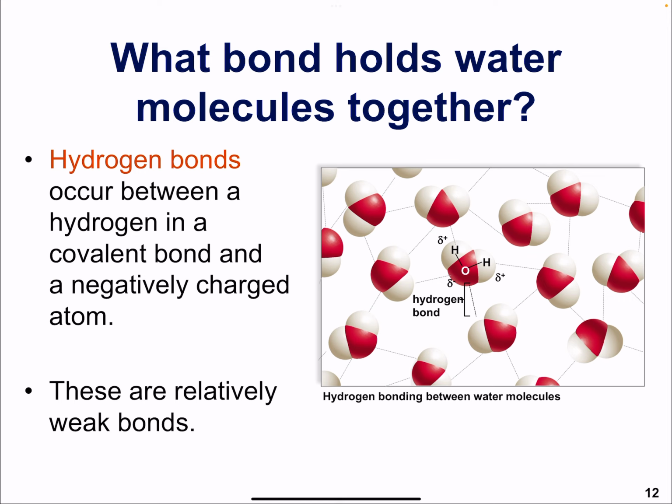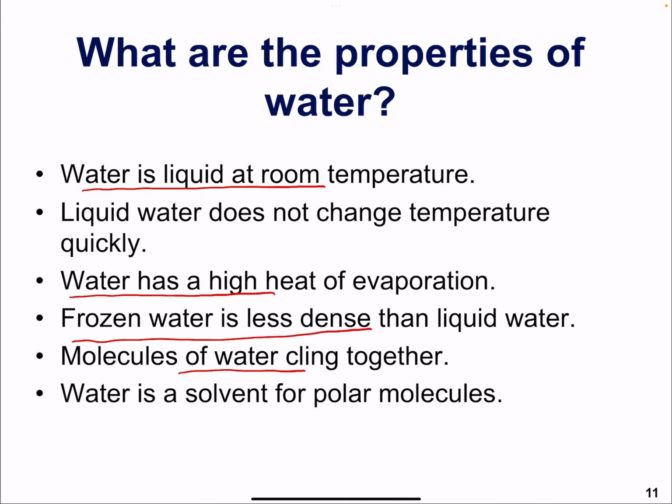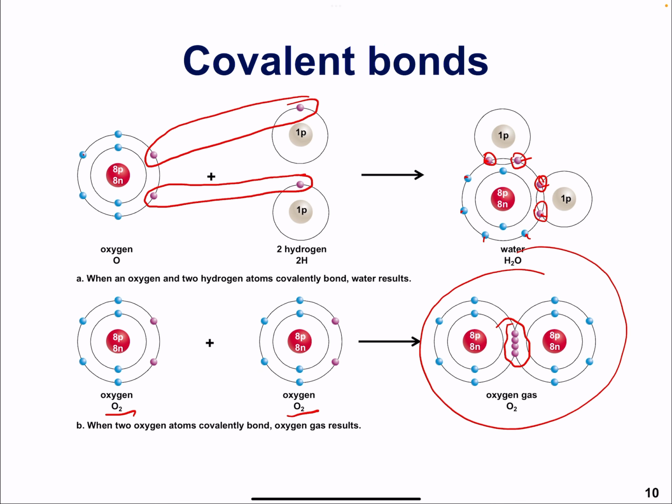Now, know that in the relationship where oxygen and hydrogen share electrons, I want you to remember that that sharing is not equal. In other words, let us go back here a little bit.